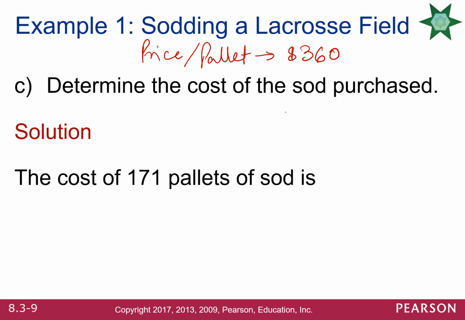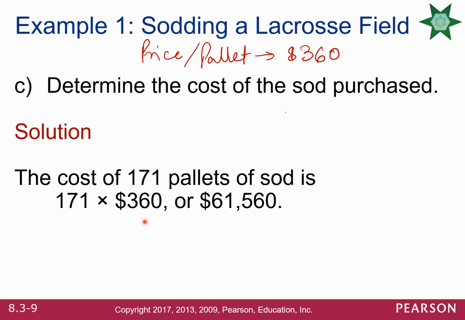That's how they have worked it out here. The cost of 171 pallets of sod is 171 multiplied by 360, which comes to $61,560. So $61,560 is going to be the total cost of sodding a lacrosse field.